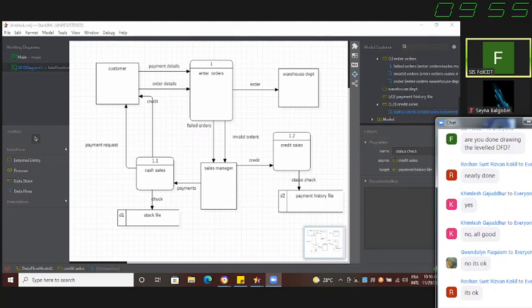Your sales manager cannot pay. Okay. Make the payment. So accepted order goes to warehouse department. Stock file you're checking, but you're sending the data to the stock file. It should be retrieving the data from the stock file. Payment history as well. You're sending the data to the payment, but it should be retrieving for you to check the credit. Okay.